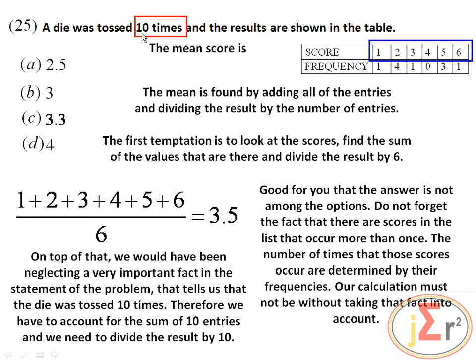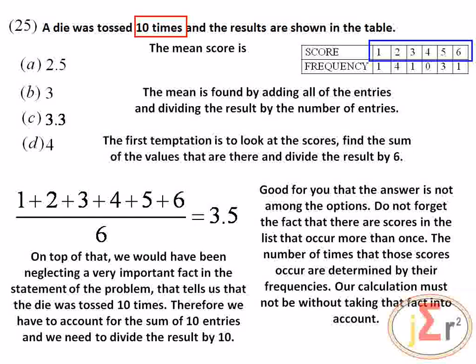But the die is tossed 10 times in accordance with the statement of the problem. Therefore, we have to account for the sum of 10 entries, and we need to divide the result by 10.